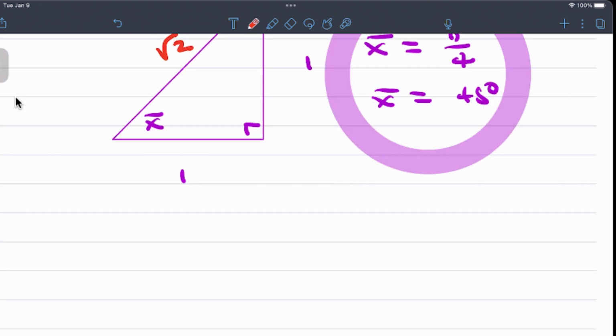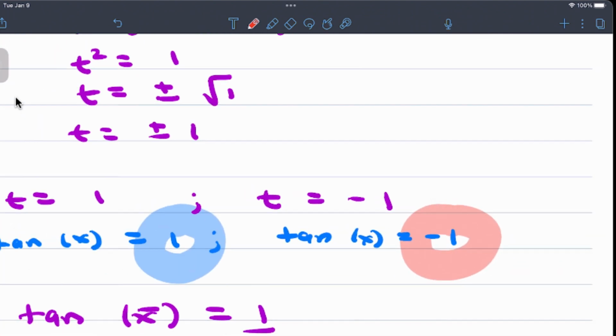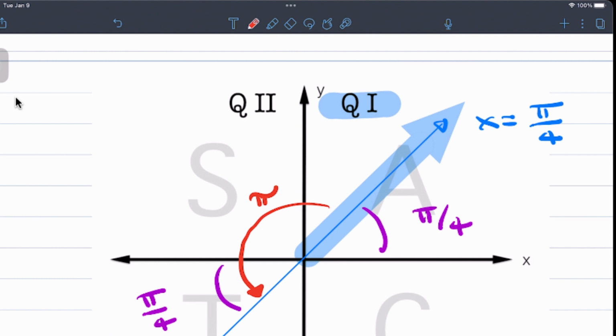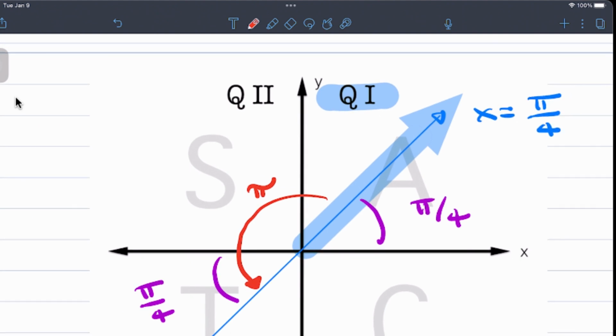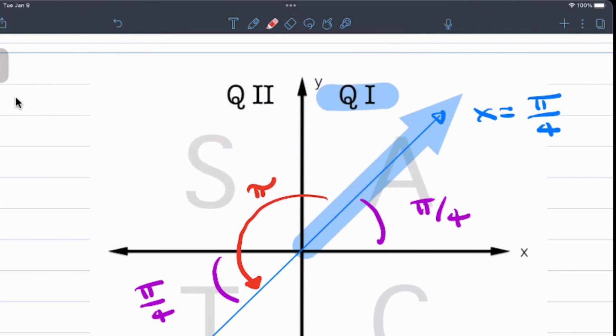Where is tangent now? Because we did this. This is tangent's positive. What about tangent being negative? What does that mean now? Tangent is negative where? Quadrant 2, quadrant 4. Is that true?